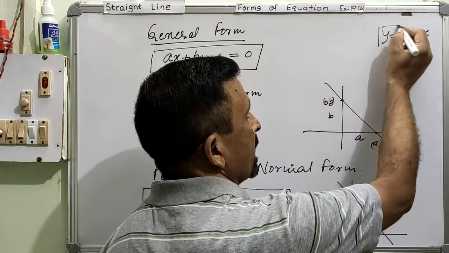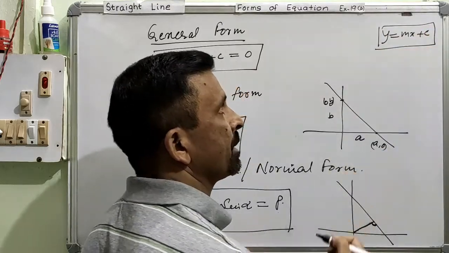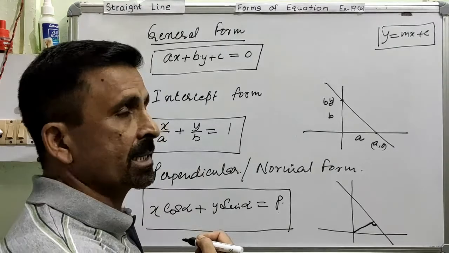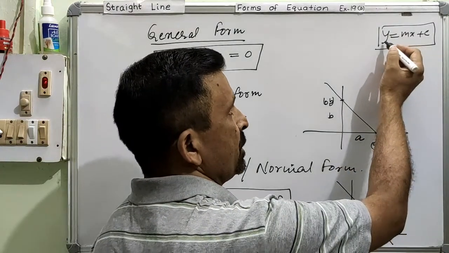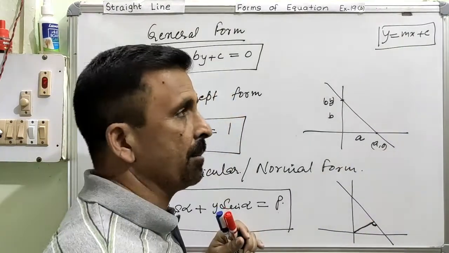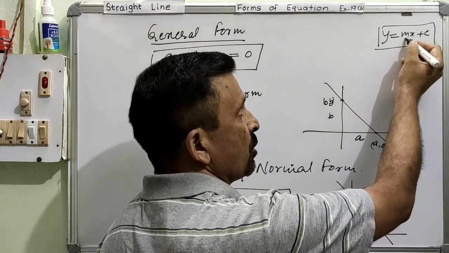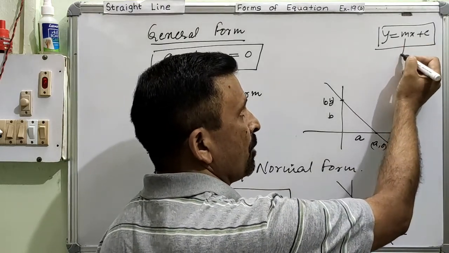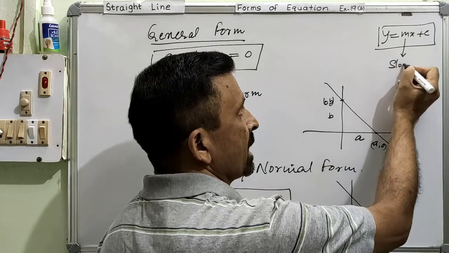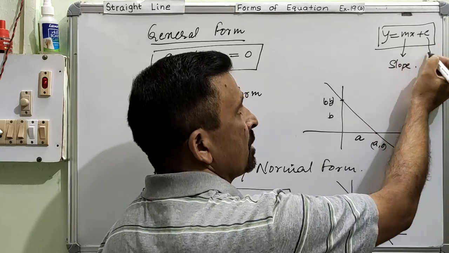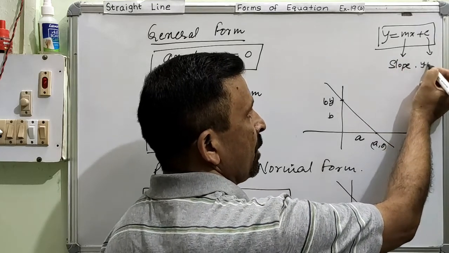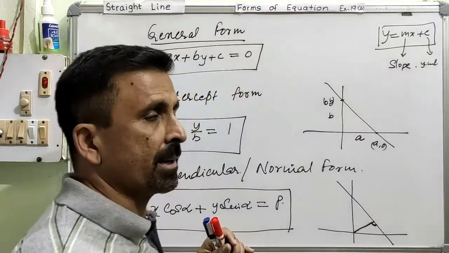This is called the slope and intercept form. The advantage of this one is you get the slope: the coefficient of x is the slope, and this is your y-intercept. Is this very clear?